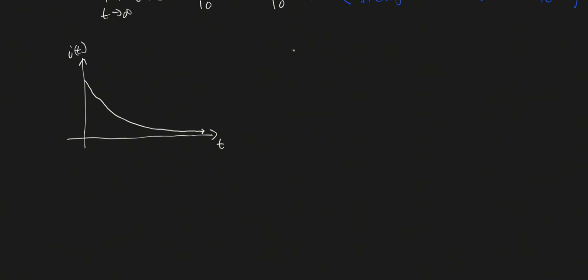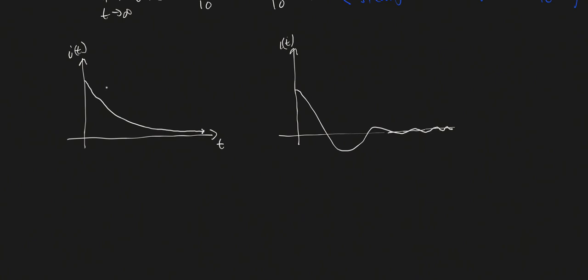But here's another way that your current can be transient. It doesn't have to have this strict exponential decay. It could oscillate like this. It could do something like this. Right?